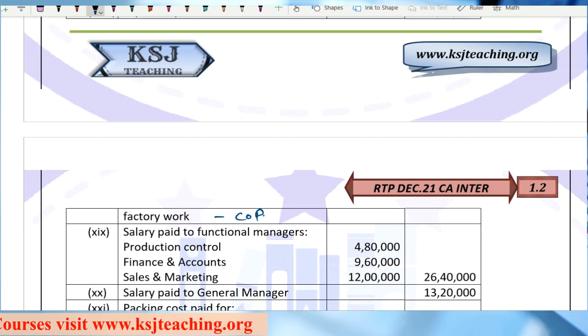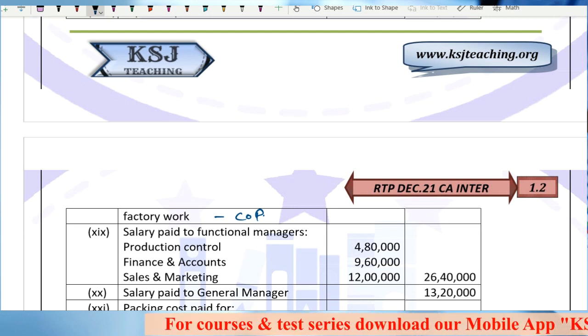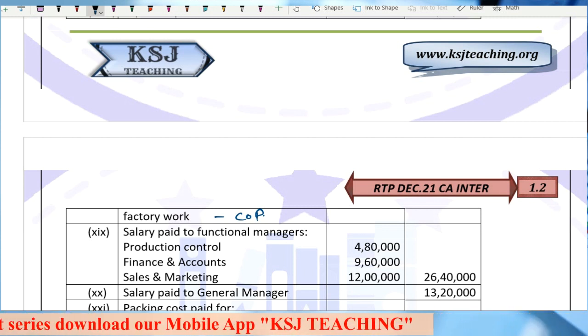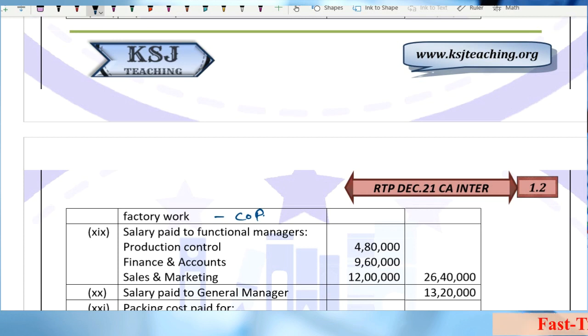If the question is silent and you are not able to bifurcate, if the question is not specifically saying whether it is related to production or it is general, then you can take it as either. Give a note at the end of the question whether you have assumed this admin cost as general, or it is related to production, right?